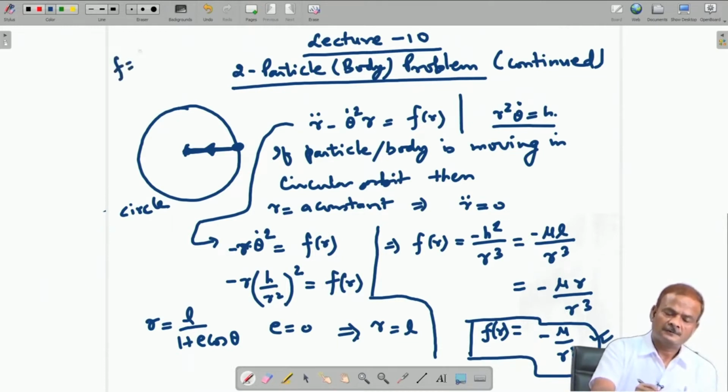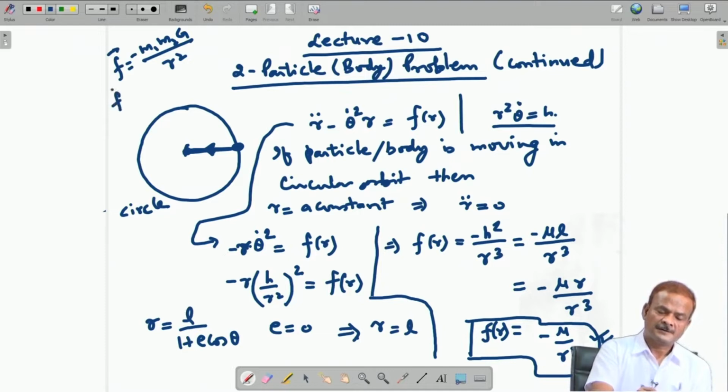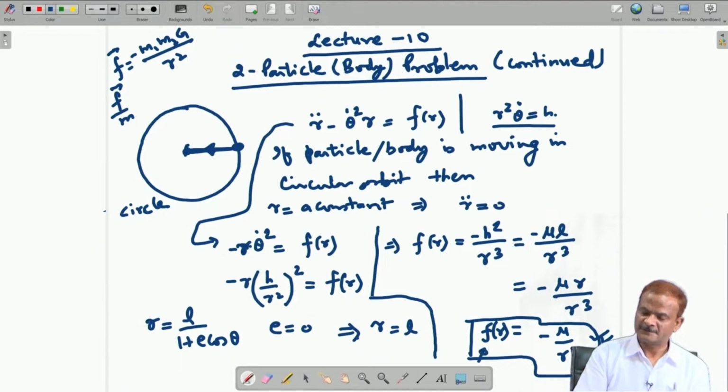F equal to m 1 m 2 g divided by r square, with a minus sign you are writing. Here, if we divide F by m, this is per unit mass.